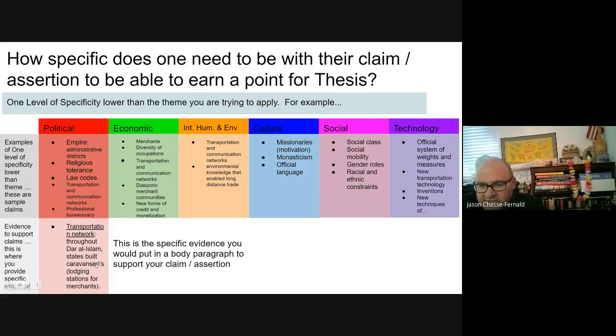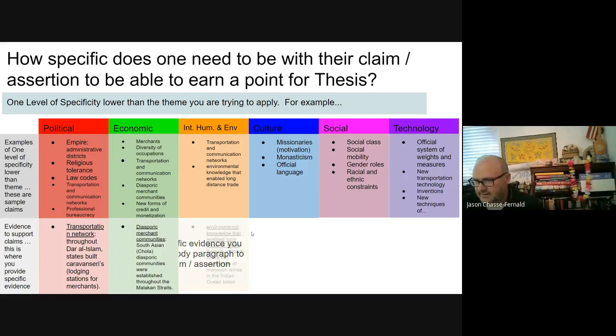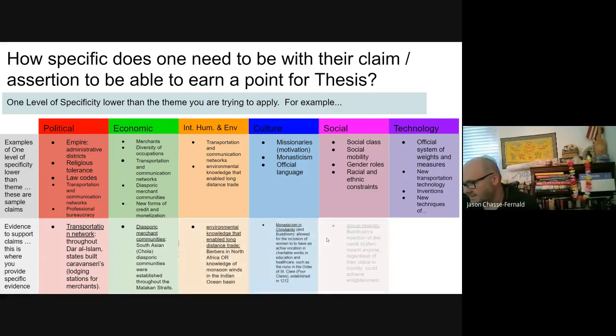The word caravanserai here is a very specific piece of evidence that I would use to support this assertion that transportation networks encouraged the spread of religion. So caravanserai here is a fact. Transportation network in this case is my one level of specificity below political. And you can do this for all of these.